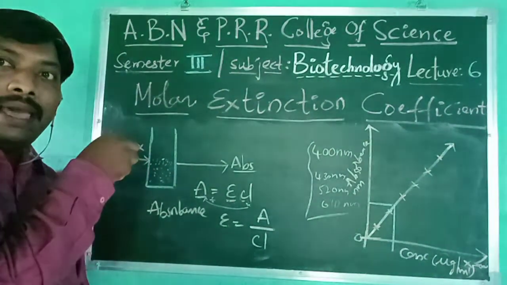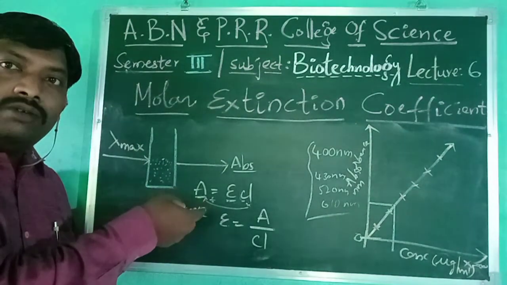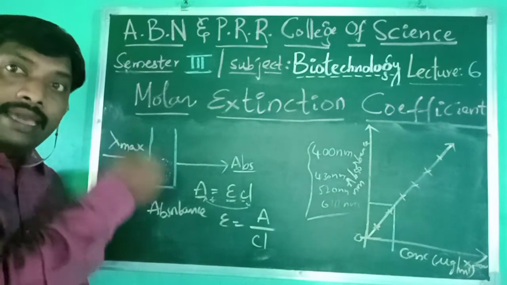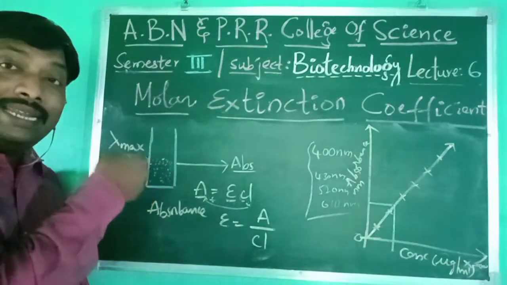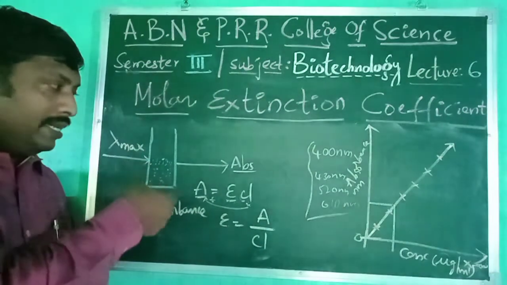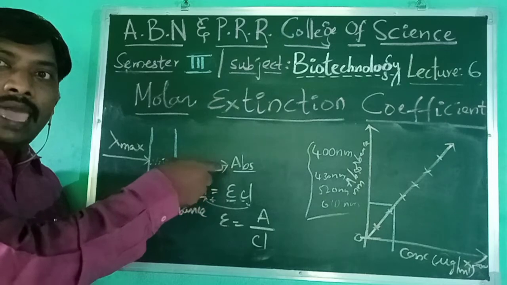Here the light signals are converted into electrical signals by using the layer called the photocell, which contains a selenium layer. On that selenium layer, the signals are converted into electrical signals through an amplifier.